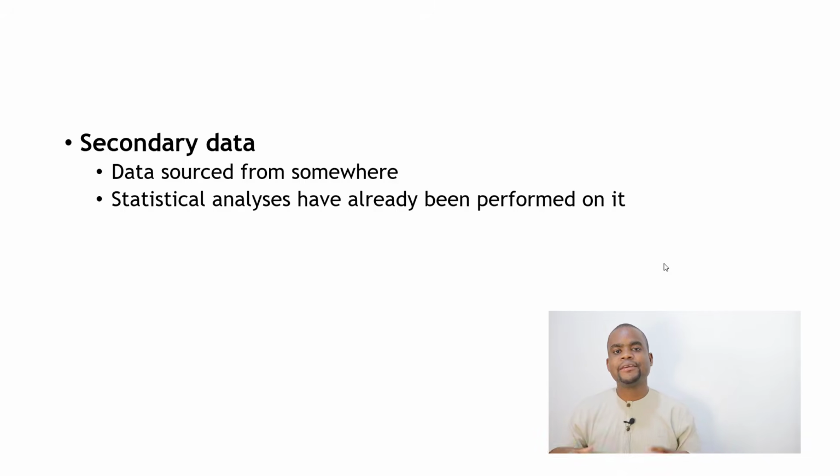You're getting facts from someone who has already summarized that information. We actually deal with a lot of secondary data on a daily basis. Maybe you're reading a newspaper article that is summarizing certain figures and facts, and you're using that in your reporting, or you're getting that and actually doing your own extra analysis. So that's what we call secondary data.